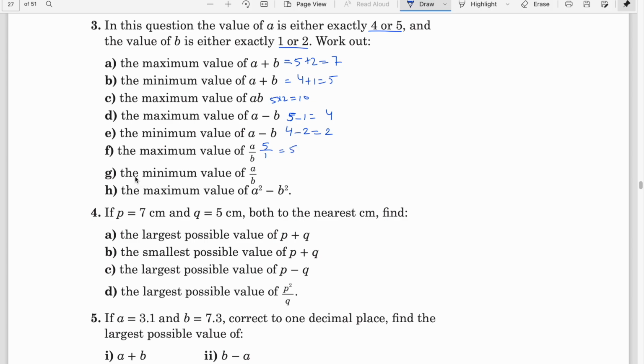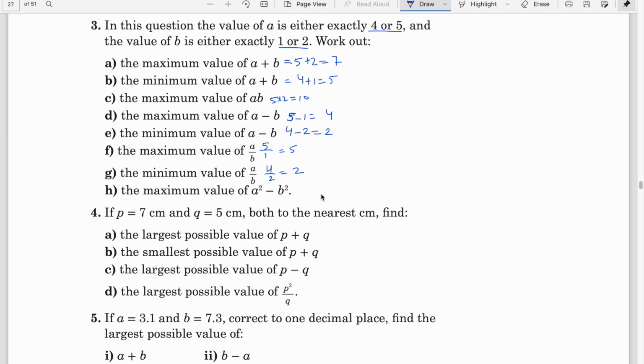G part, the maximum value of A divided by B. Aren't these both same? Oh, minimum. I read maximum. So minimum is value of A should be small and B greater, yes.